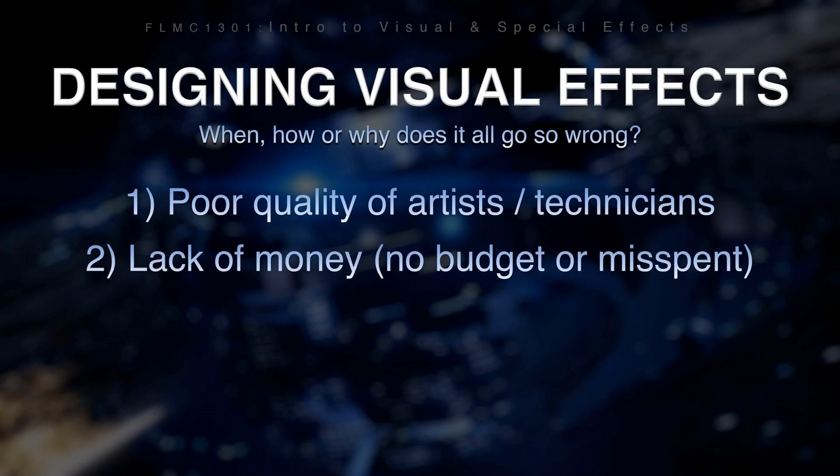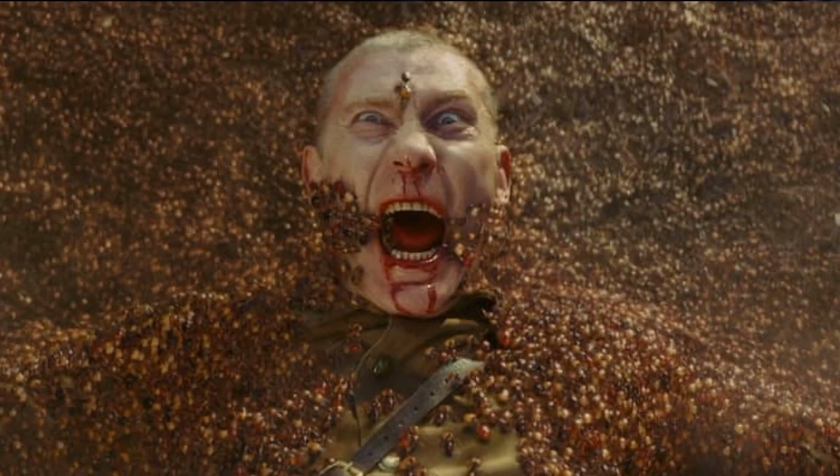But lack of money or the budget was misspent. Not every movie can afford Industrial Light and Magic or Weta, two of the big players in visual effects. This is a shot of a man getting eaten by ants in the fourth Indiana Jones movie. Oftentimes, especially in independent movies, you're forced to use smaller, less adept visual effects houses who may not deliver the best quality.